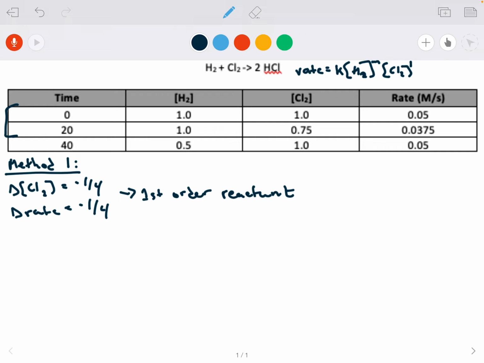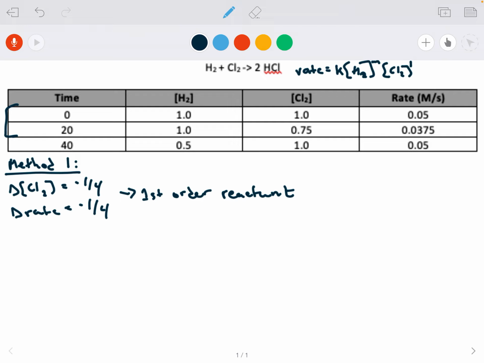Right, the cells in the table don't need to be next to each other for you to use them. Chlorine's constant between 1 and 3, hydrogen drops by half between 1 and 3. If we go over to rate, the rate is constant between 1 and 3.